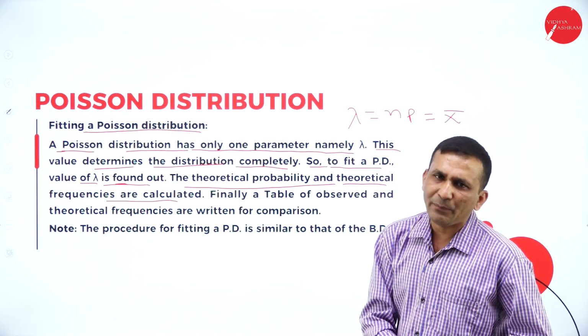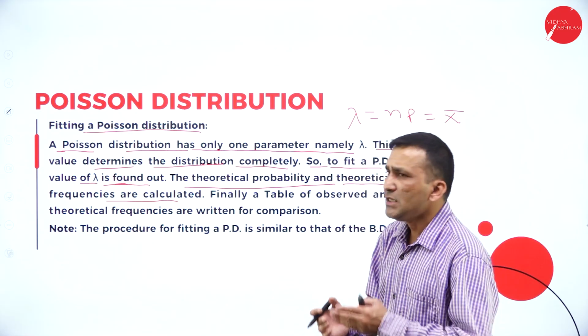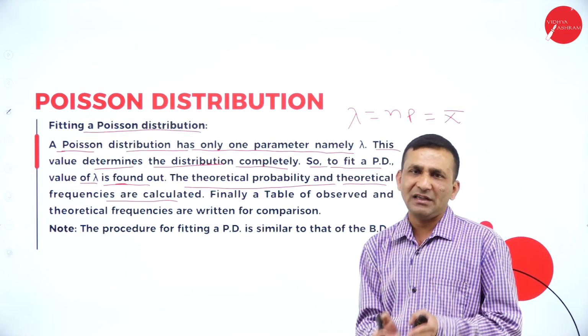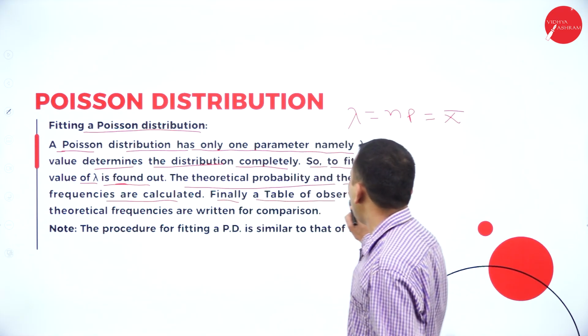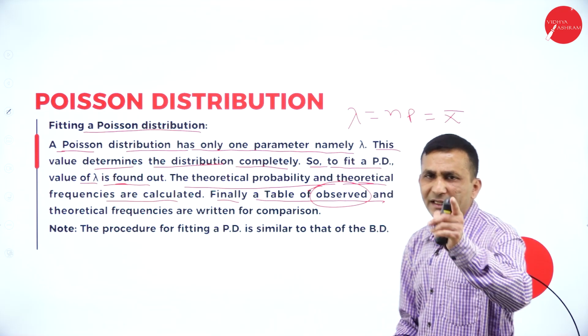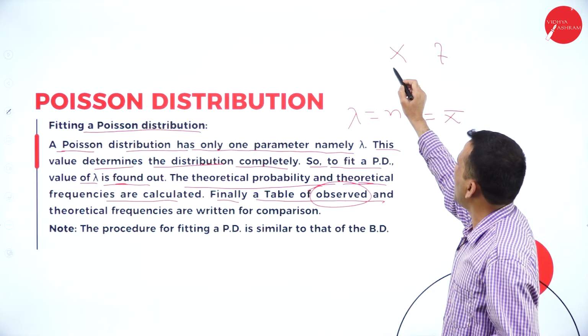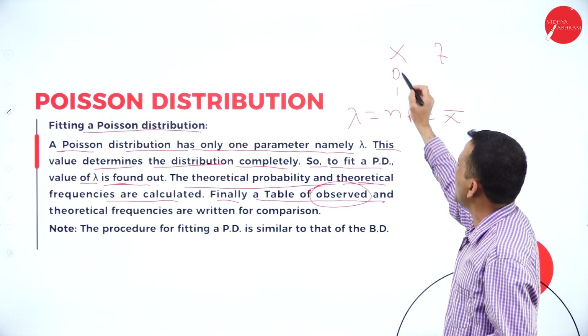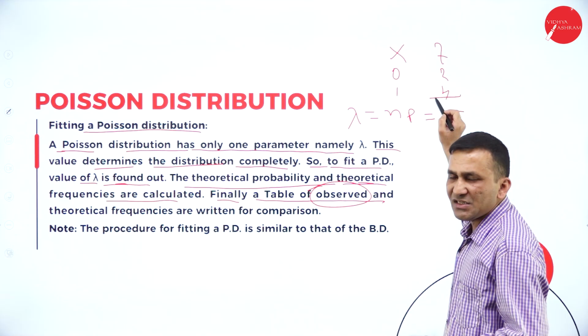Using the observation frequency, we go to the next step, the probability mass function. After getting the probability mass function values from 0 to n, we multiply with the N value to get the theoretical frequency. Finally, a table of observation is made. In the question, the x value and frequency are given, like 0, 1, 2, with frequencies. The observation value is the x value, and the observation frequency is given in the question.